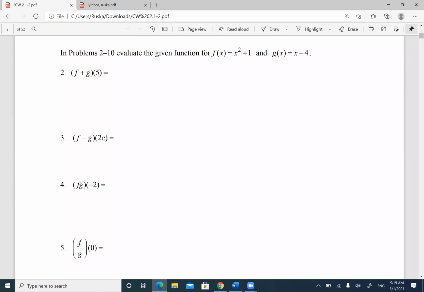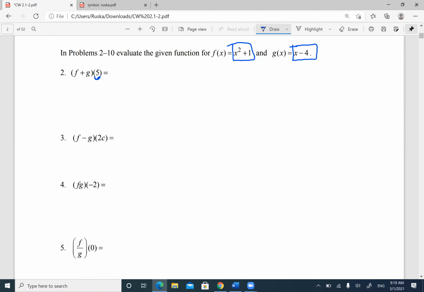So this is what you have. For number 2 to 10, here it says we're going to use, this is my function f. X squared plus 1 is f. And g, another function, it's x minus 4. So these are the two functions. You have two functions given. Now, for number 2, I have to do f plus g and replace x with 5.